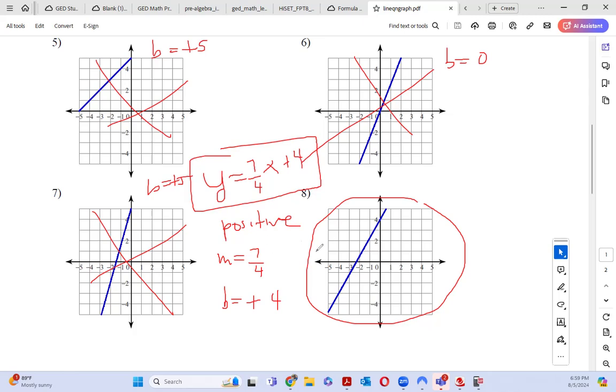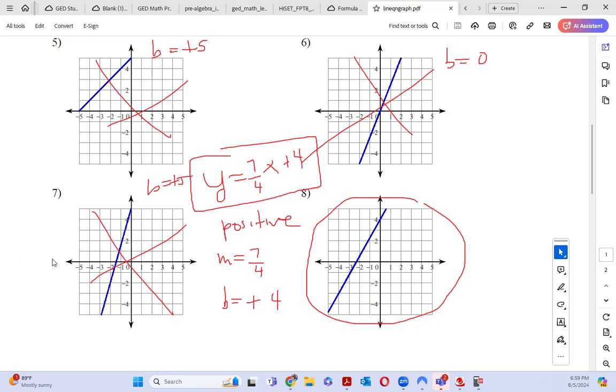But I didn't find the slope of this line yet. All I looked at was whether it was positive or negative. On your GED exam, just identifying if it's positive or negative is going to get rid of 2 of them. Then you look at your y-intercept. That's going to get rid of the 3rd one. Okay? You make it so easy.